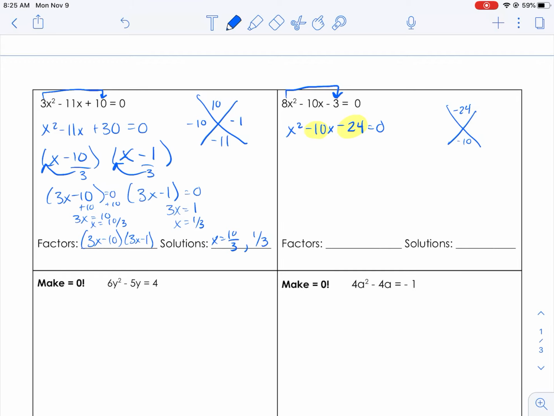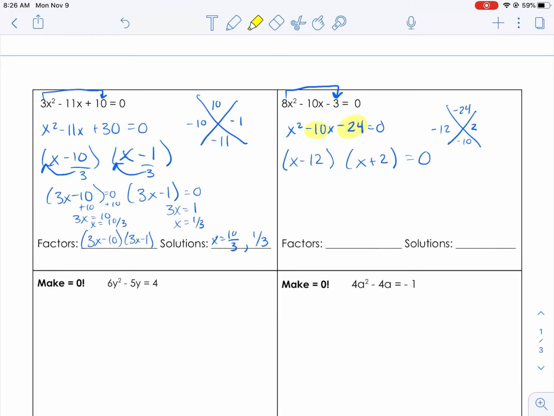Okay, so for that one, we are going to have 12 and 2, I believe. So we're going to have negative 12 and positive 2. So our factors are x minus 12 and x plus 2. And that's all equal to 0.